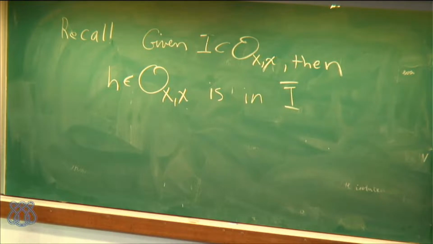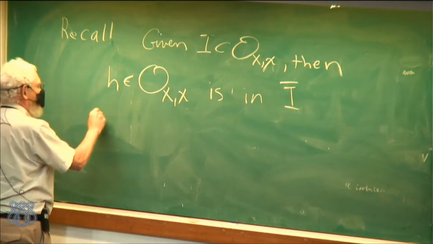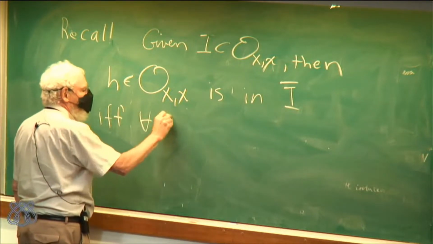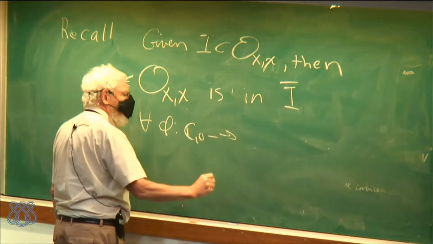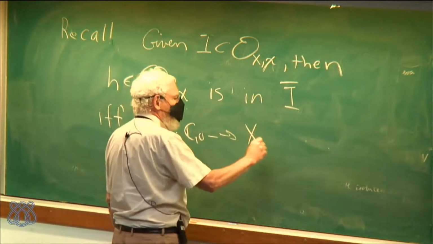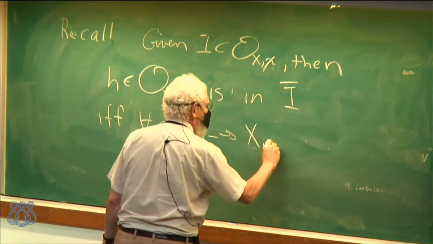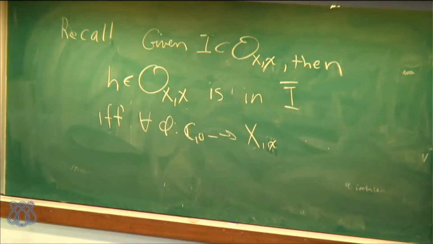So let's see, we had... What did we expect to happen if h was in the integral closure of I? What does it have to do with these curves?